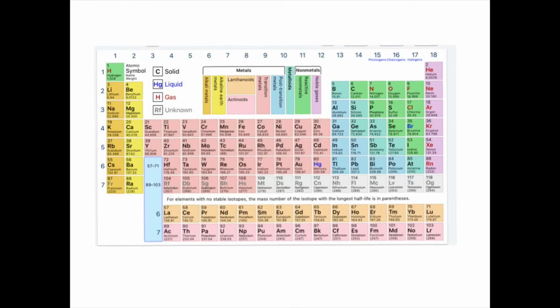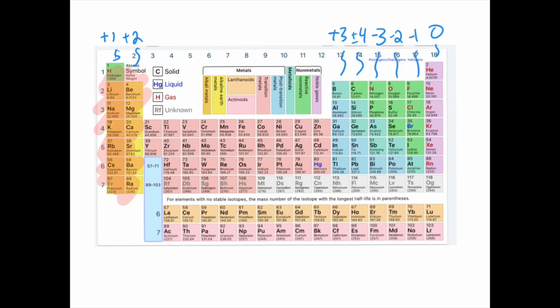To find the charge, there's a much easier way to do it. We can look at our periodic table and see that column 1 will form +1 ions, column 2 will form +2 ions, then go to 13, we'll do +3, 14 will do plus or -4, 15 will do -3, and 17 does -1, and last but not least, noble gases is 0.